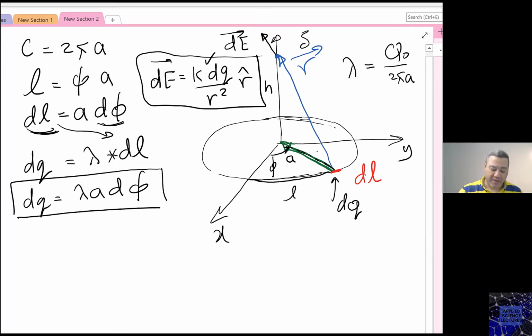This is the radius in the xy plane. I'm using rho to avoid using r because r has been used here. Since it's pointing toward the origin, that's why it is minus.